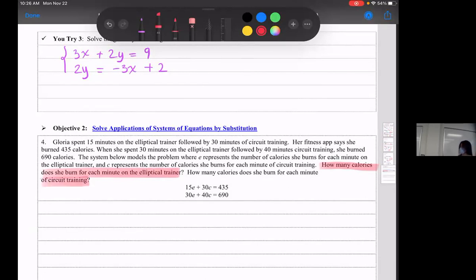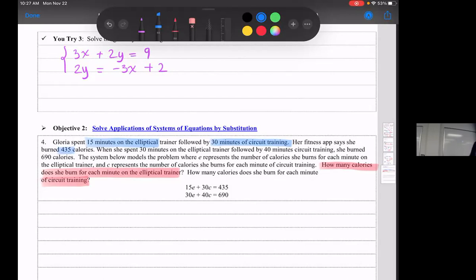So they let E be the calories she burned for every minute she spent on the elliptical, and C is the calories she burned for every minute she spent on circuit training. The first equation: 15 minutes of elliptical, so 15E, and then 30 minutes on circuit training, so 30C. Add together, how many calories she burned? 435, right?